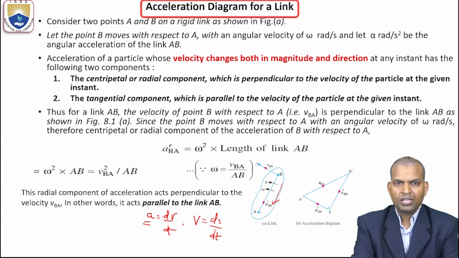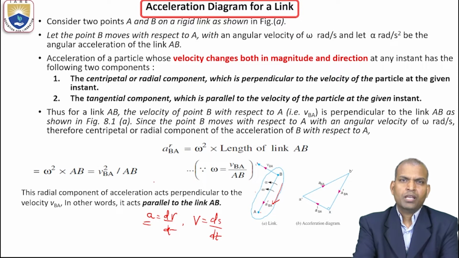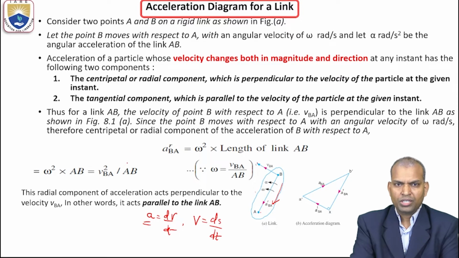Now, suppose we know the velocity values, then only can we begin to draw the acceleration diagram. Acceleration of a particle whose velocity changes in both magnitude and direction at any instant of time has the following 2 components.